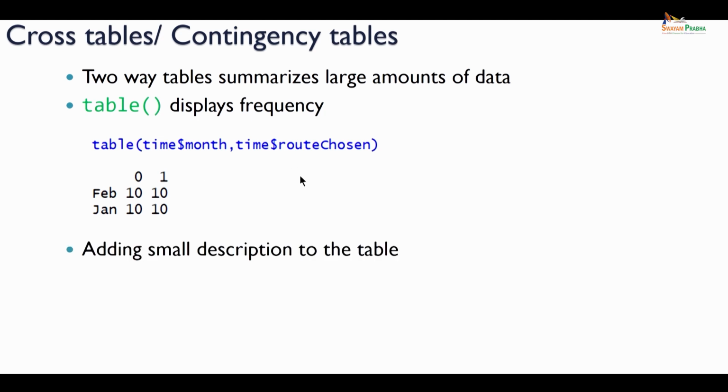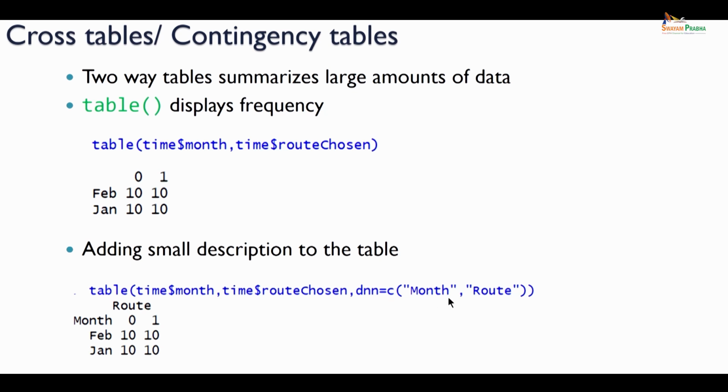So, let us just add a small description to this table by giving month and root under the parameter dnn. You give c, which is a concatenation operator, and within brackets you give month and root, month being the row and root being the column. Now you know your row stands for month and your column stands for roots.